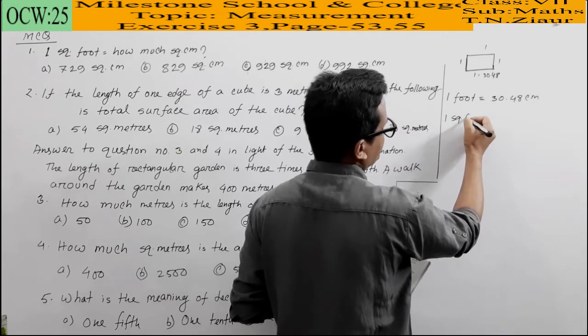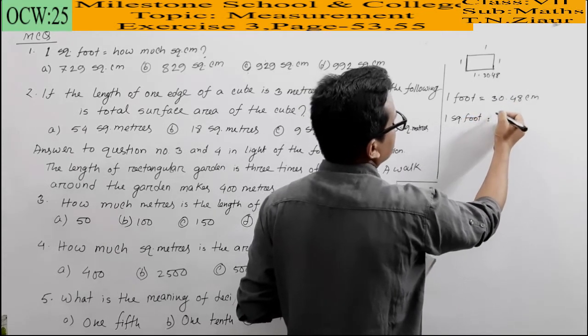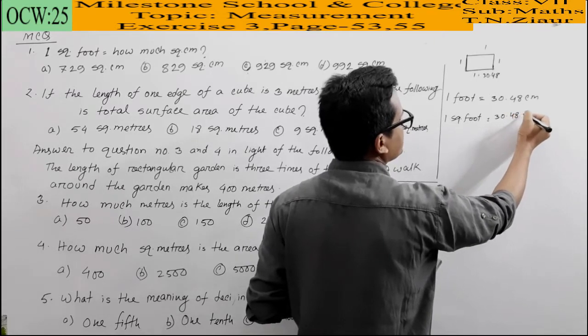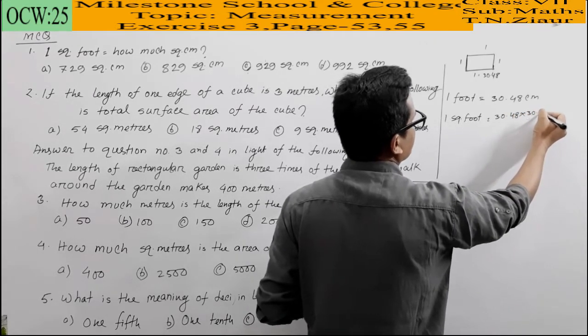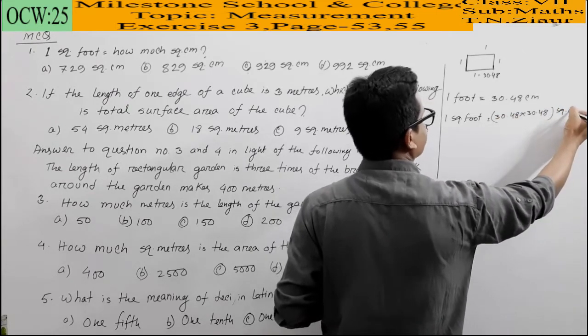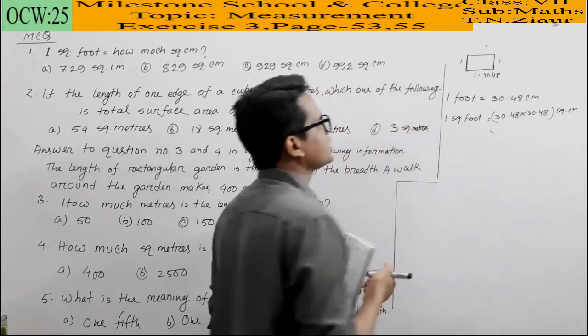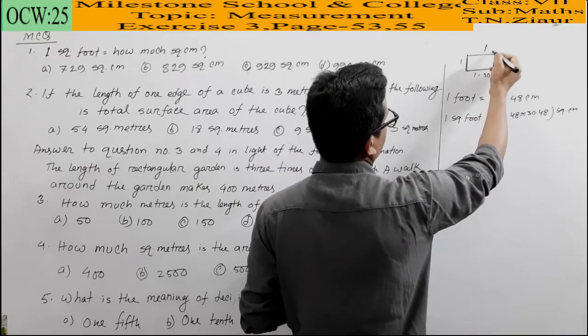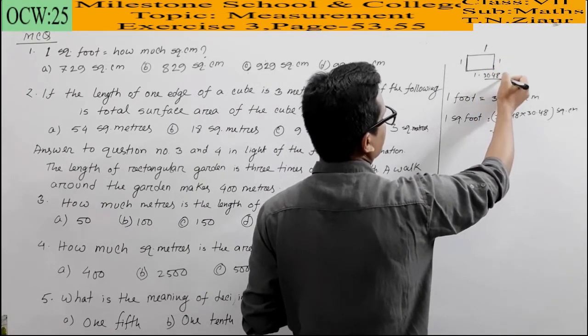So 1 square foot is equal to 30.48 into 30.48, this one is in square centimeter. Okay, students, one foot means 30.48 centimeter here.